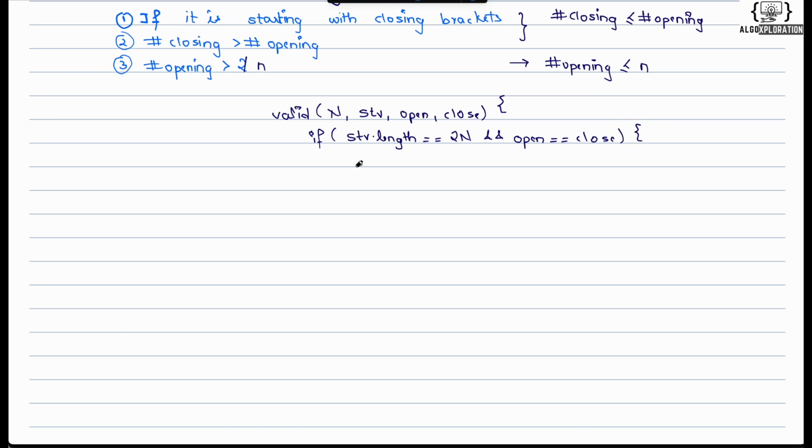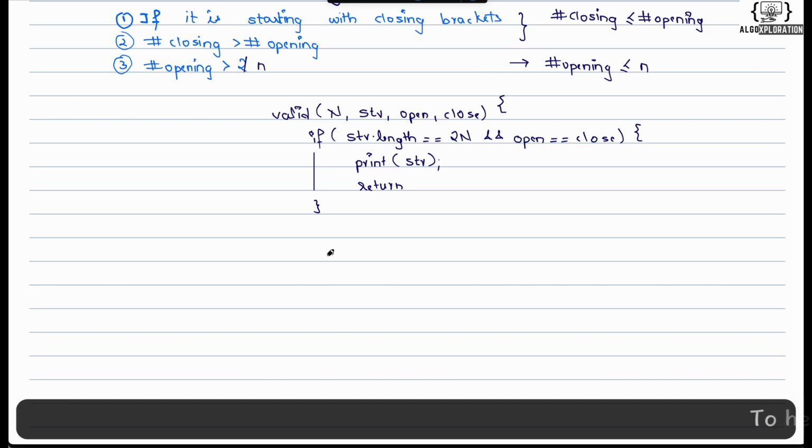Either you can store that valid string into an array list, or an array, or you can simply print it. Here I'm going in a simpler way, I'm just printing it, and then return. So this would be the base case.